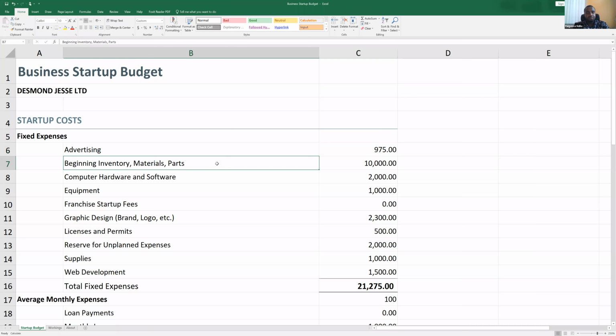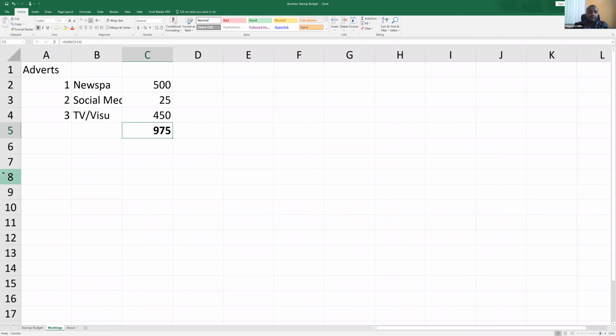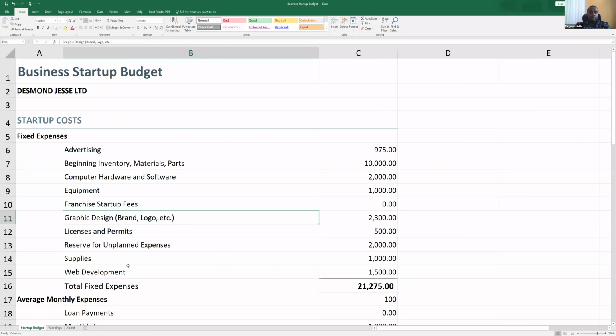For the inventory, beginning inventory, you can come here and categorize your inventory, or you give the details of your inventory. So you can say it deals with which kind of business can we say?